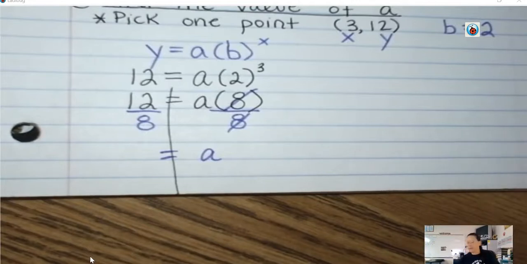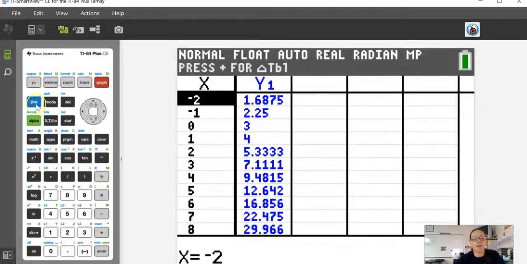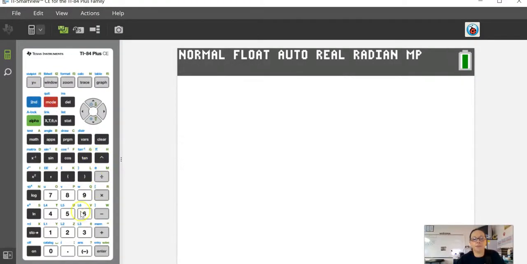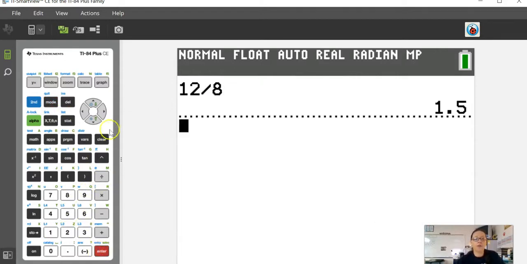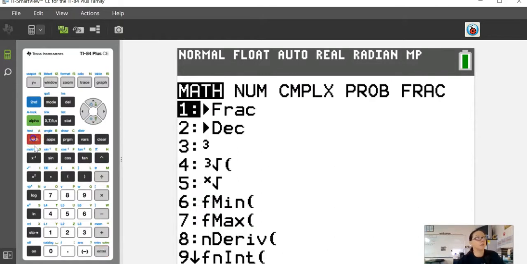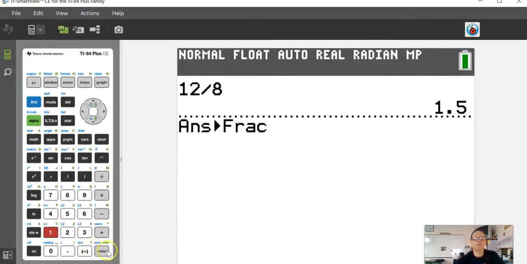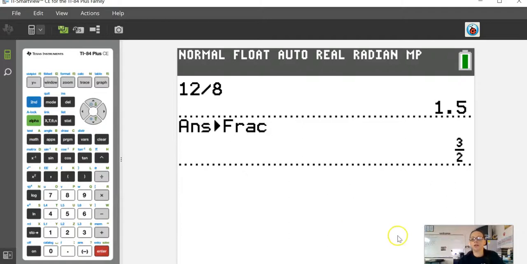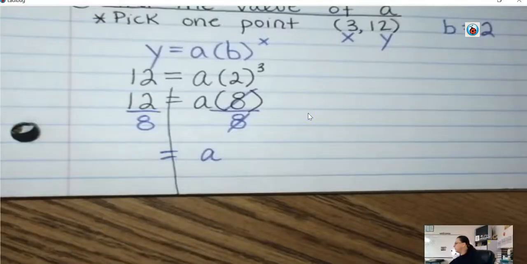Your calculator will reduce this fraction if you don't know how to reduce it in your head. If you have a graphing calculator, I've showed you guys this a couple times, put 12 divided by 8. You can hit enter if you want, but click math and the number 1. Enter. Your fraction is 3/2. If you have Desmos, your Desmos does this as well.